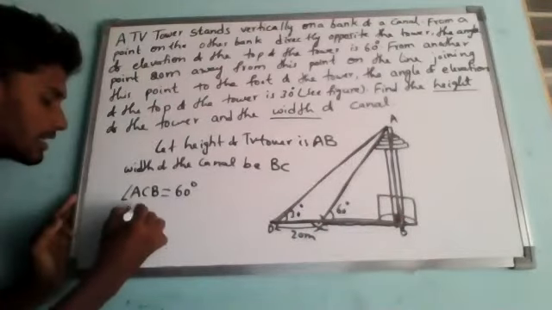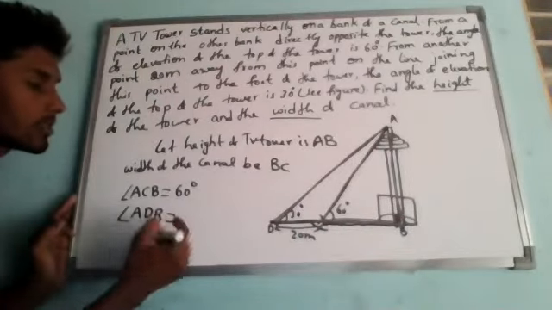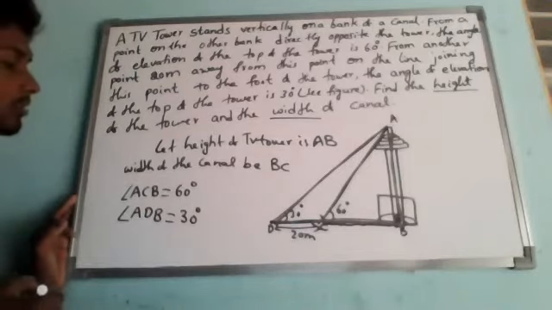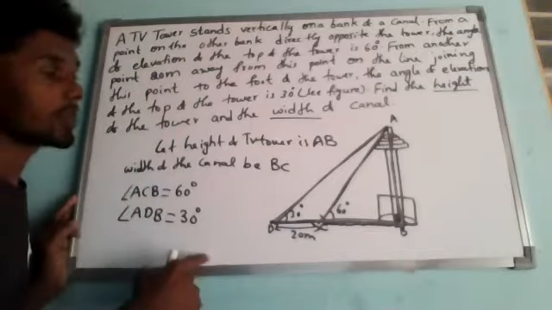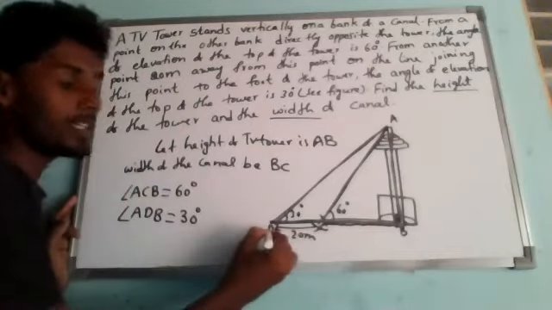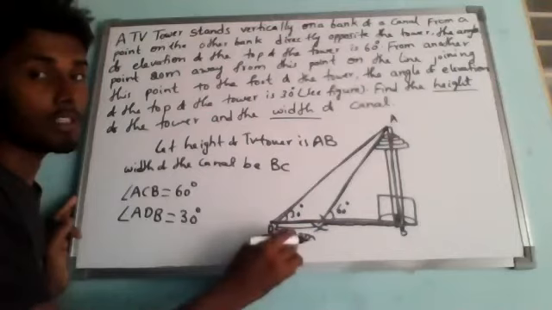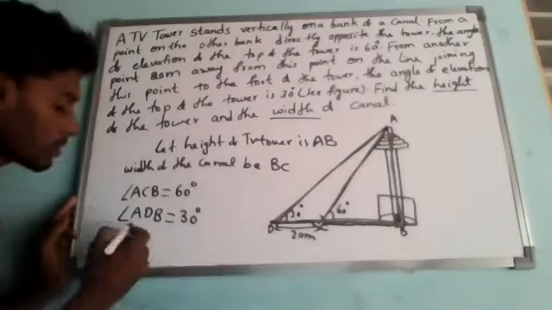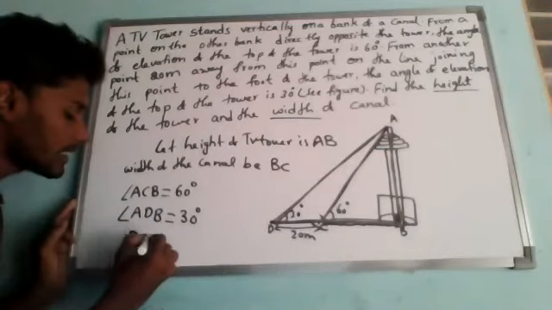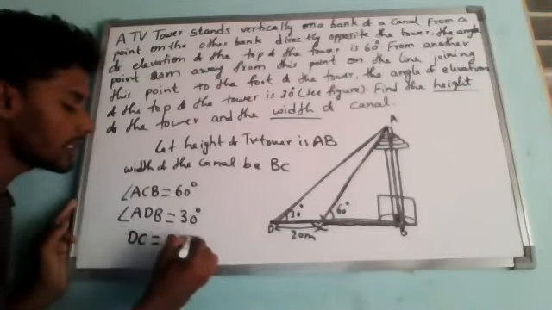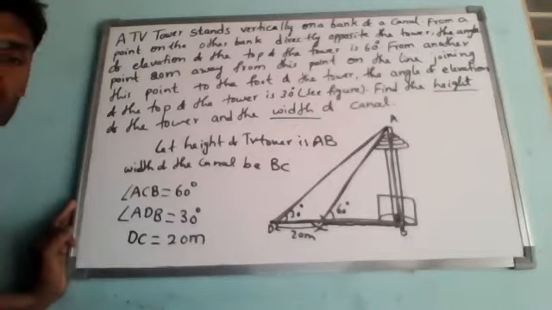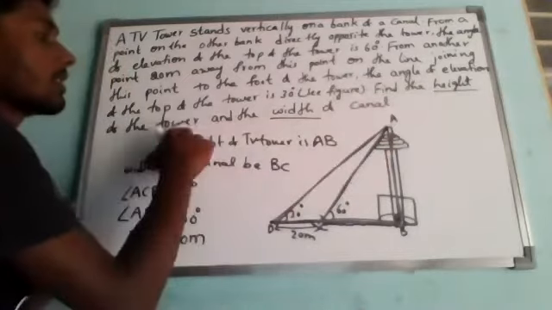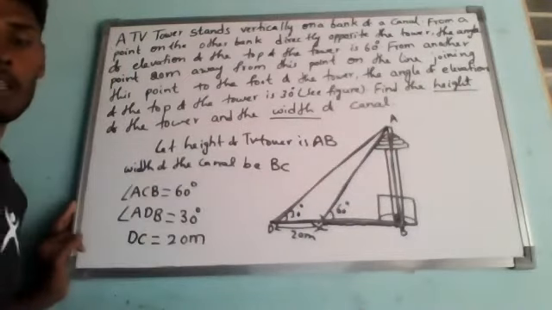Angle ADB, which equals angle D, is 30 degrees. Understand? Now one more piece of information is given: from C to D the distance is 20 meters. So DC equals 20 meters. Now we have to find the height of the tower and the width of the canal.